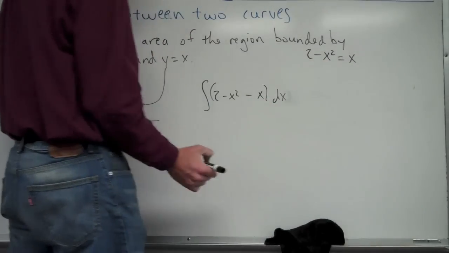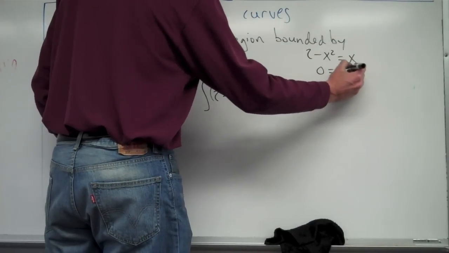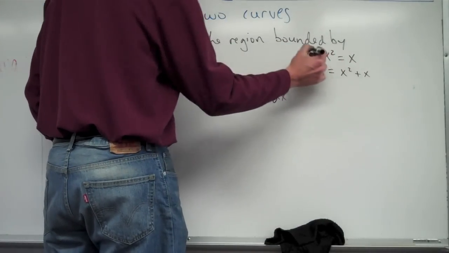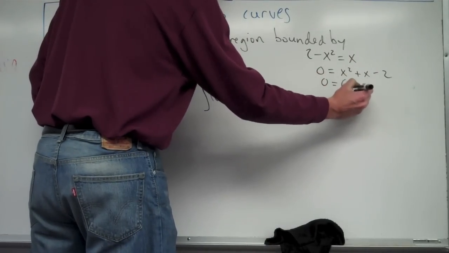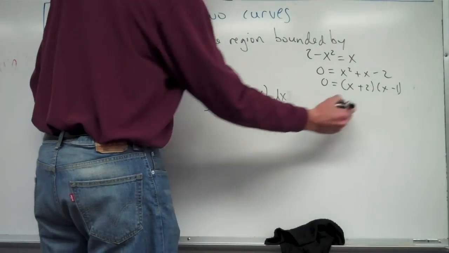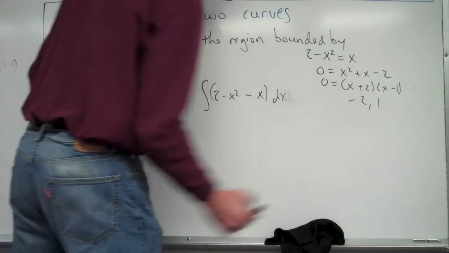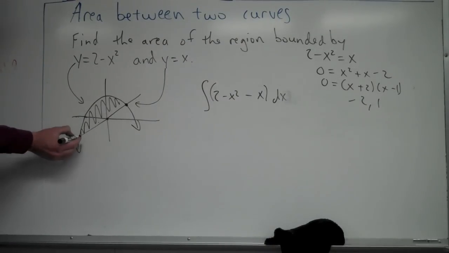I'd rather have the x squared be positive, so let's move to the right side. So we'll add the x squared, keep the x, and then subtract the 2. That will factor into x plus 2 times x minus 1, and then negative 2 and 1 are my intersections, or where those are equal, which lead me to where my intersections are.